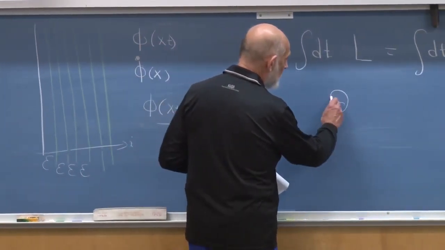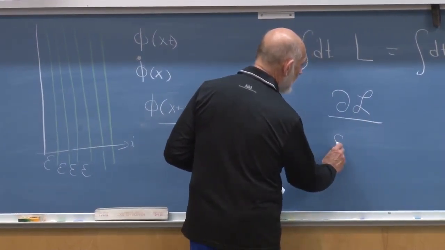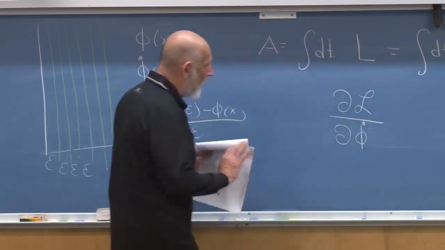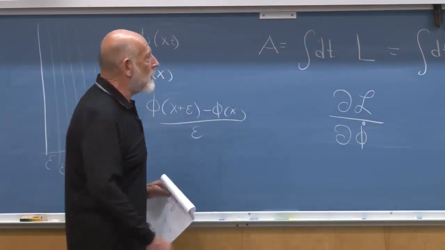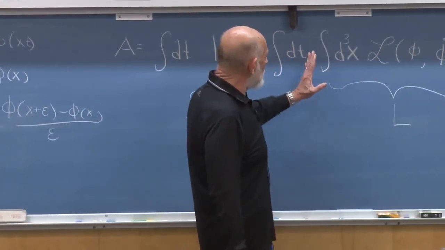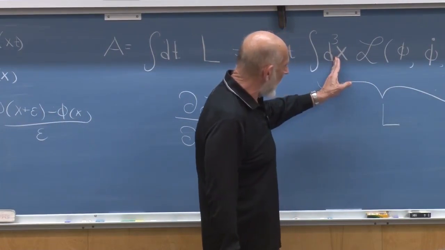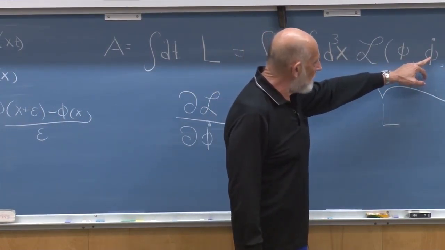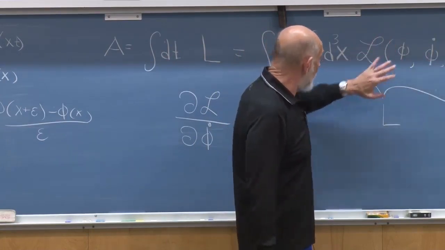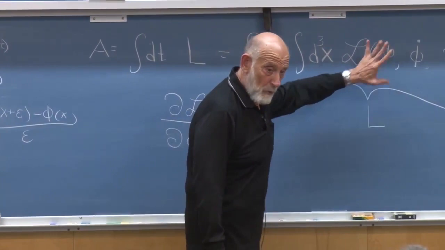We're talking about the derivative of the Lagrangian with respect to phi dot. We'll assume that each term in the Lagrangian, at any given point x, only involves the phi dot at that point x. So therefore, when you differentiate the total Lagrangian, it only picks the particular point.